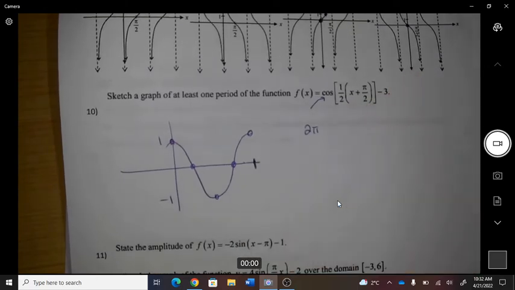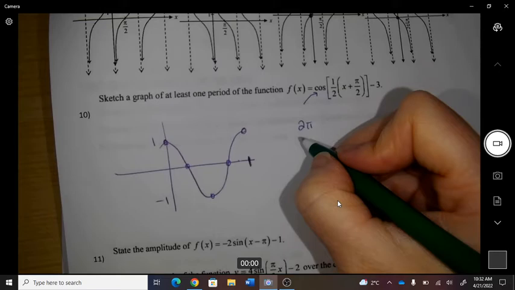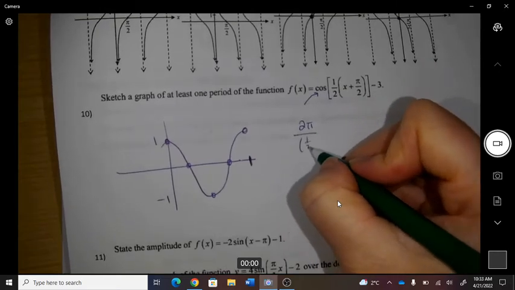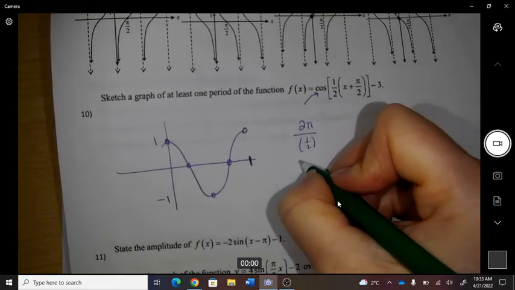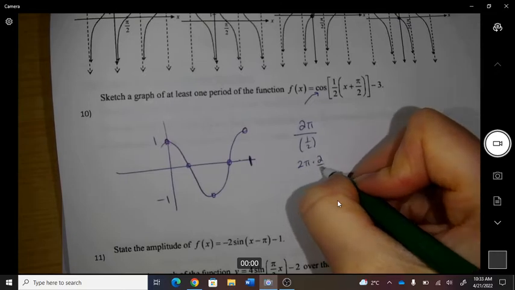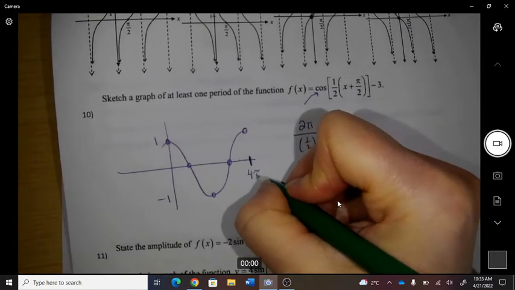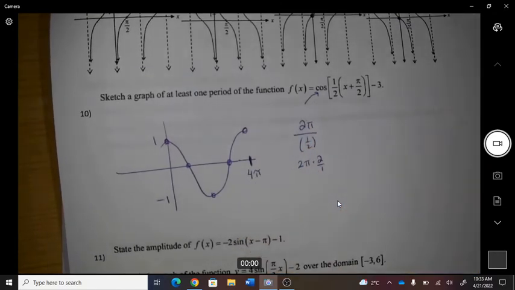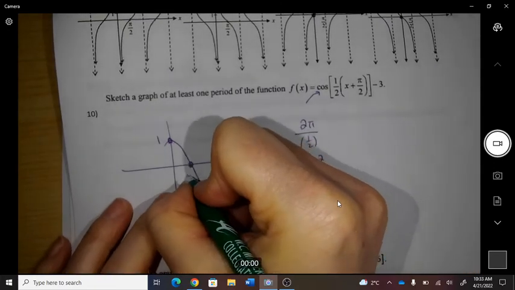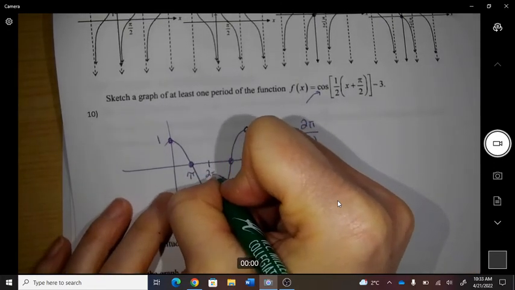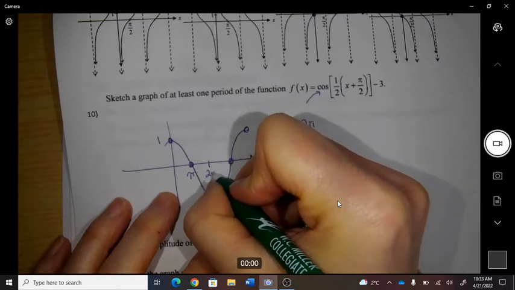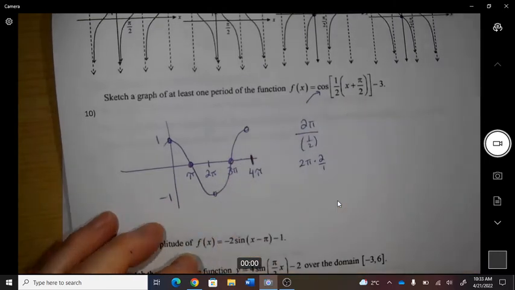It's normally a 2 pi, but I'm going to divide it by a half, which makes it actually a 4 pi. So now these are going to be pi, 2 pi, 3 pi.